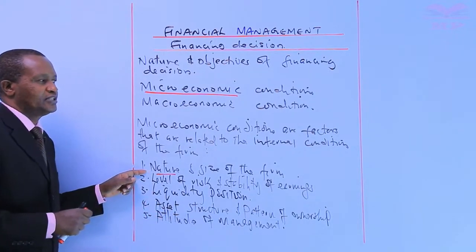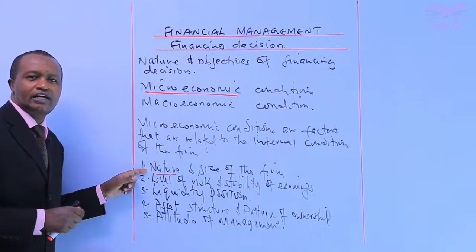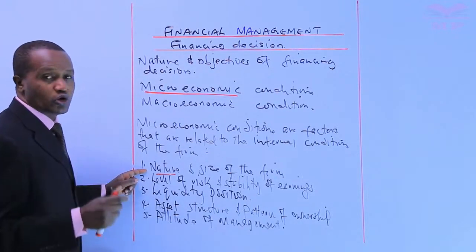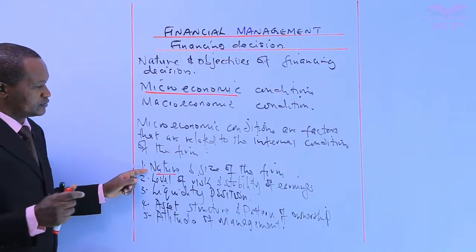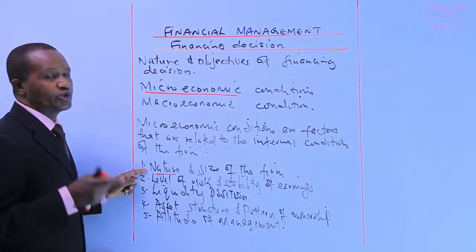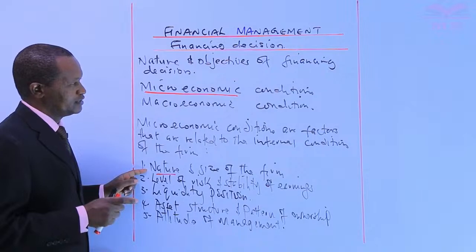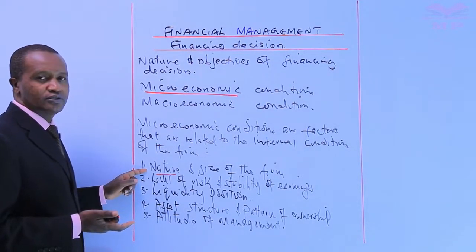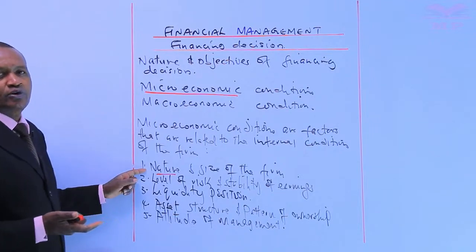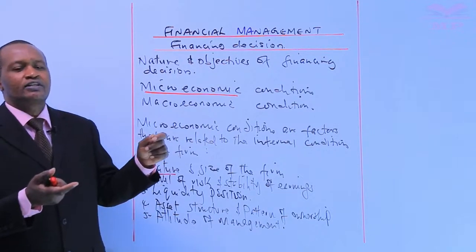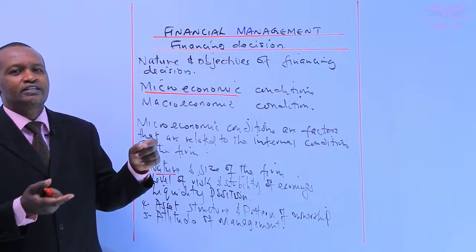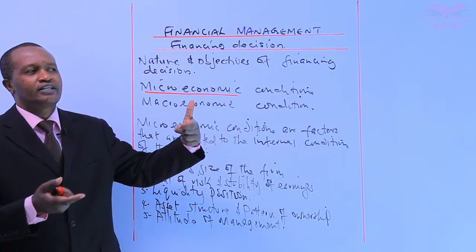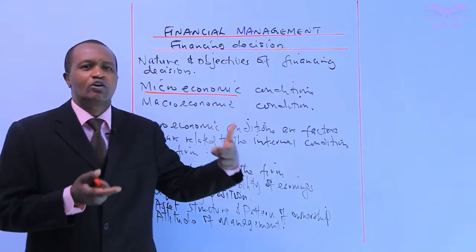A supermarket is most likely to have a larger part of its investment in stock, as opposed to, say, Toyota company, which engages in production of capital goods. So the investment of Toyota in fixed assets will be larger, and therefore the capital structure will have a larger share of long-term capital.